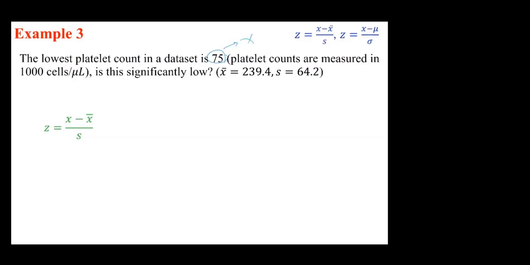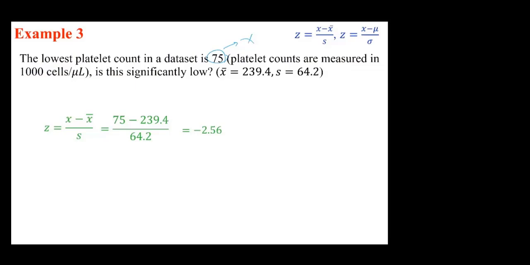This is the value we use for x. So we do this simple calculation, and it gives us negative 2.56. Now, first of all, it's on the negative side, and that's why they are asking if it's significantly low. Let's assume instead of 75, we had a larger number and it ends up being positive. They would ask, is it significantly high, if it's positive, okay?